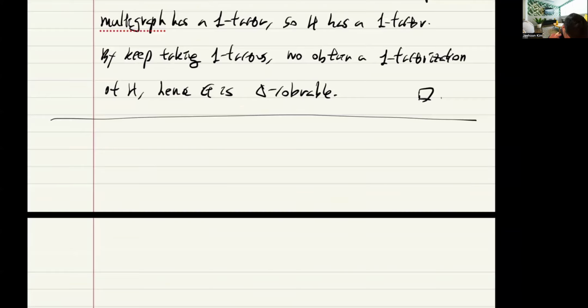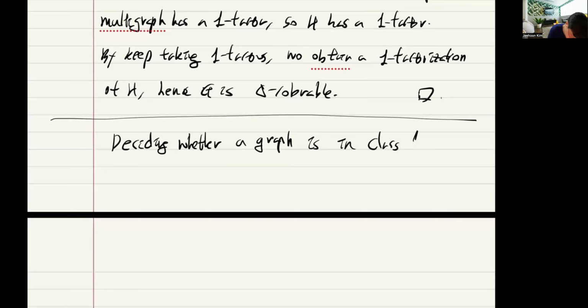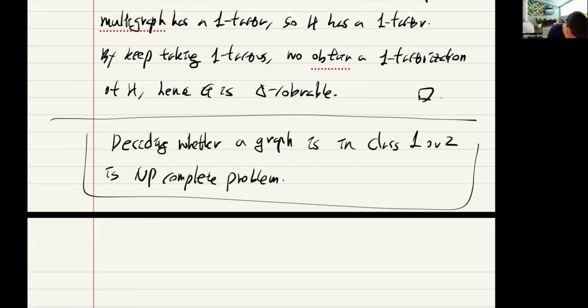So we know that every graph G is either class 1 or class 2. So there are only two options, but deciding which one is actually a difficult problem. Deciding whether a graph is in class 1 or 2 is an NP-complete problem, as difficult as all NP problems.